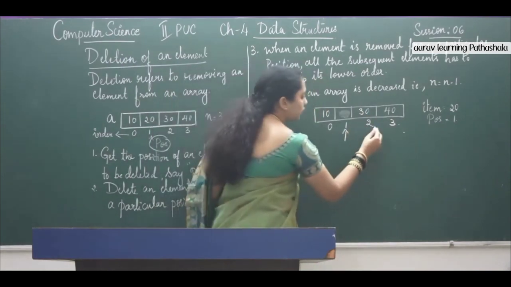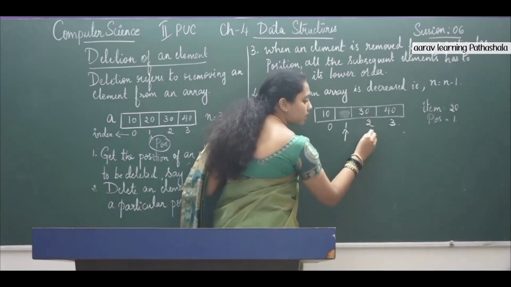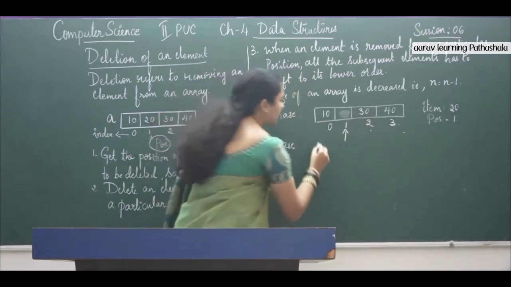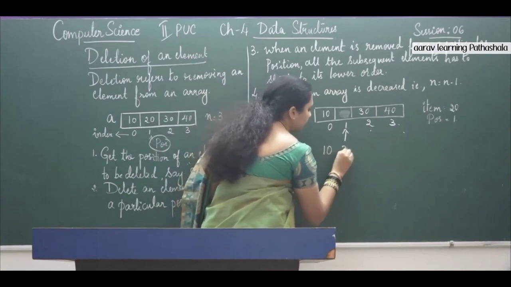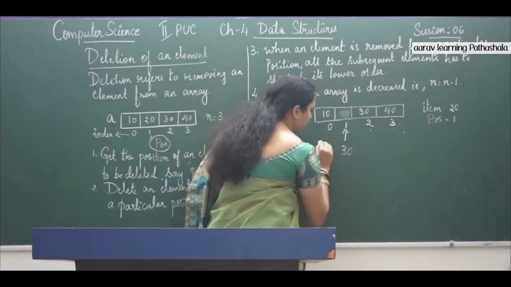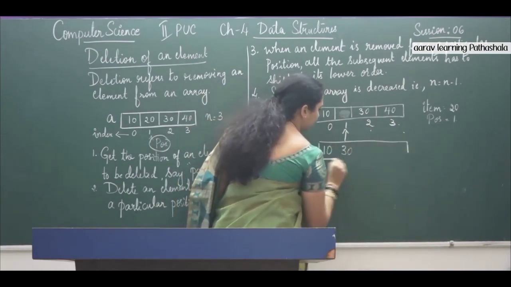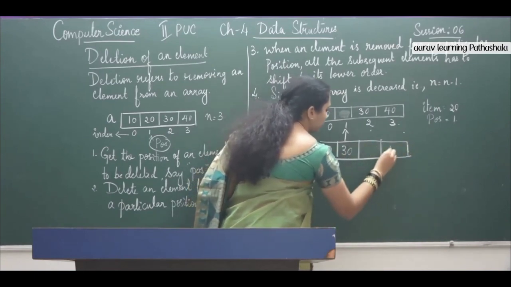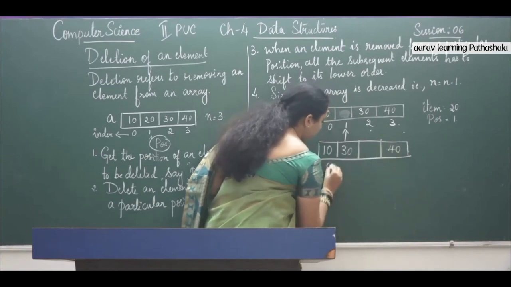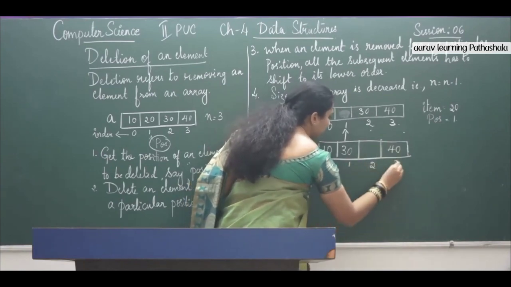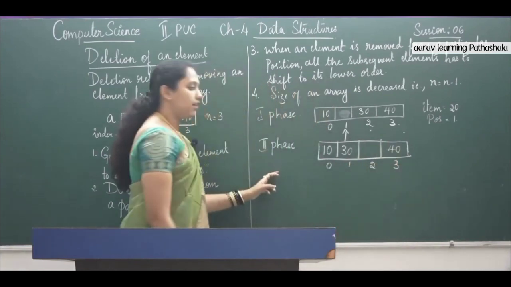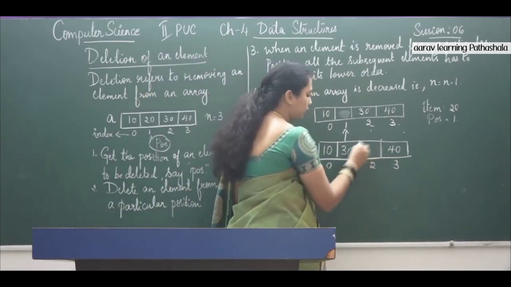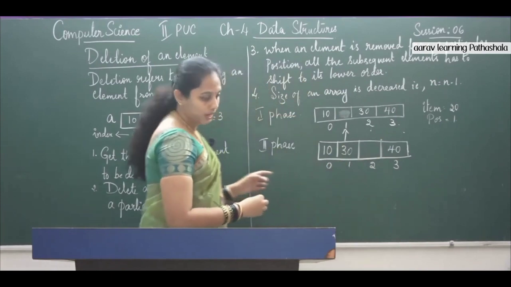I am going to shift 30 from position 2 to position 1. See, in second phase, I have shifted the element 30 from position 2 to position 1.